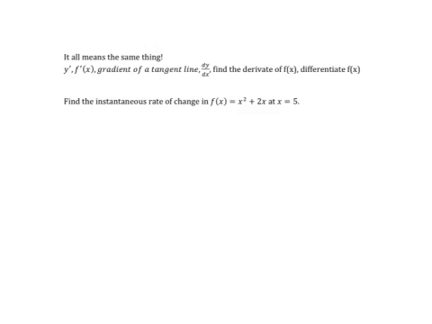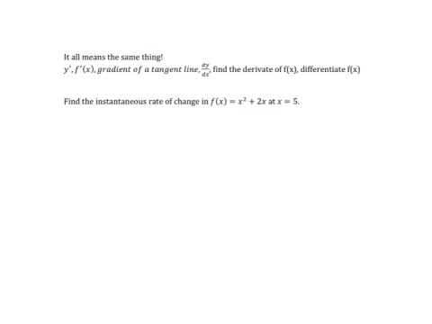So in the following example, where it says to find the instantaneous rate of change in f of x equals x squared plus 2x, well, by now you would be an expert at finding a slope at any given point.